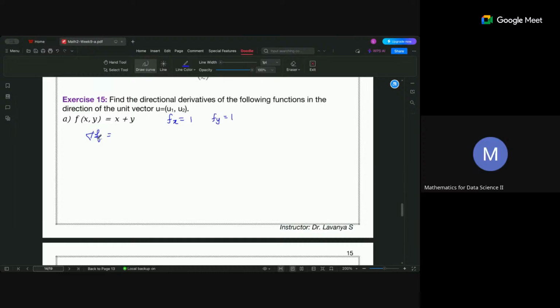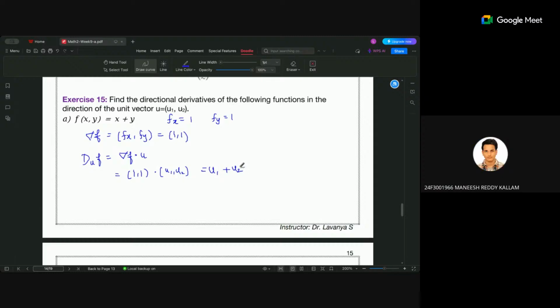So now del f is fx comma fy, so the value of del f is (1, 1). Now D_u f is del f dot u, so you have (1, 1) dot (u1, u2), which is u1 plus u2.